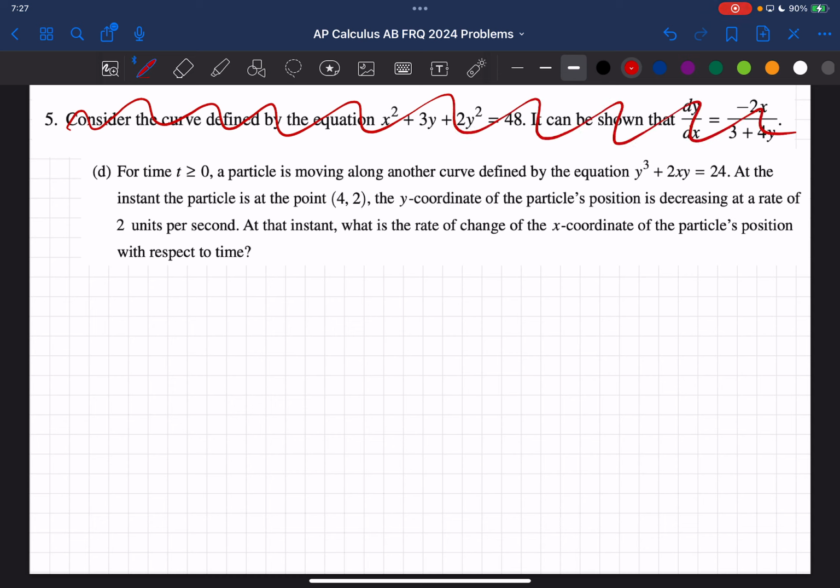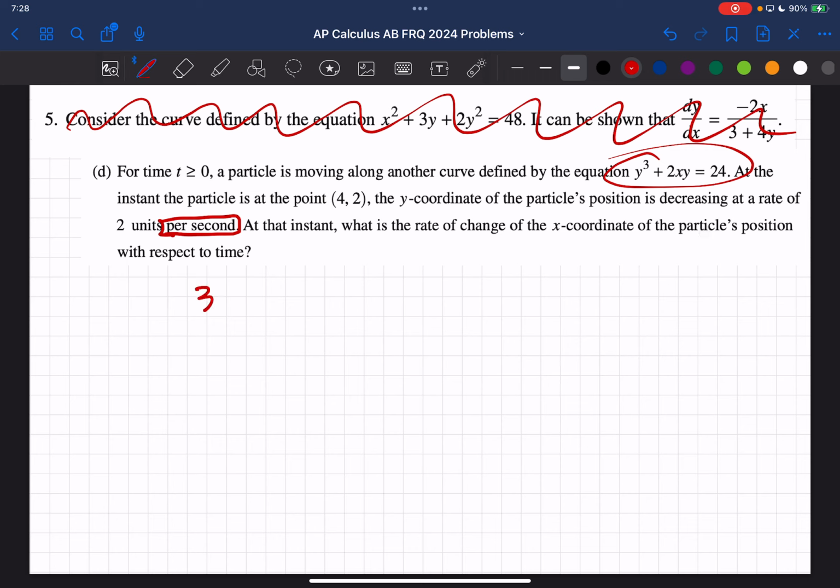It's all about this one. What's important is decreasing at a rate of 2 units per second. And I tell my students, anytime you see per second or per minute or per hour, when a time shows up and t is not in the equation, your ear should perk up, because this means we are finding this with respect to time.